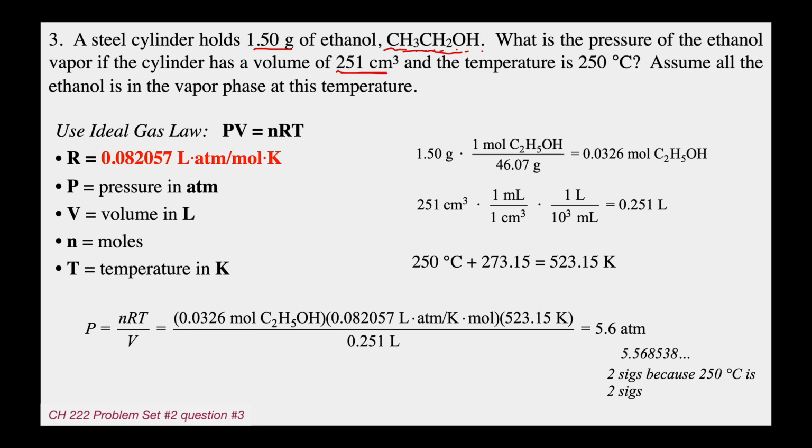And you'll notice up here, I was kind of cheesy with the temperature. The 250 number, officially the 250 stops at the 10 spot. In the chemistry world, 250 dot would be a 3 sig fig number, and 250 without the dot would be a 2 sig fig number. 250 with the dot means that the plus or minus, the uncertainty, is at the 1 spot.